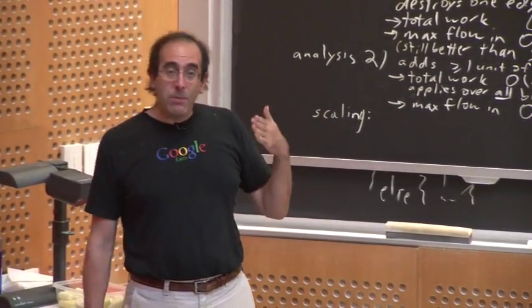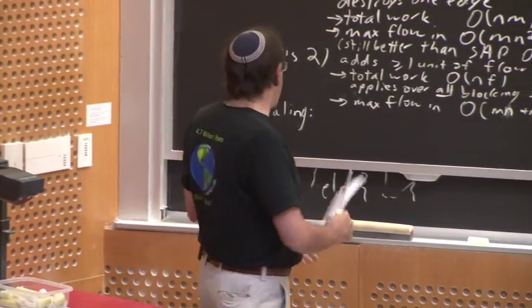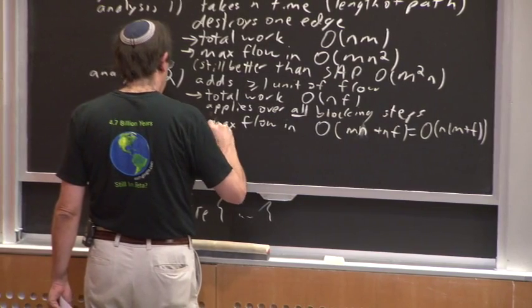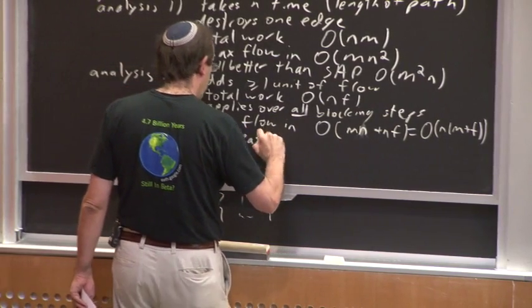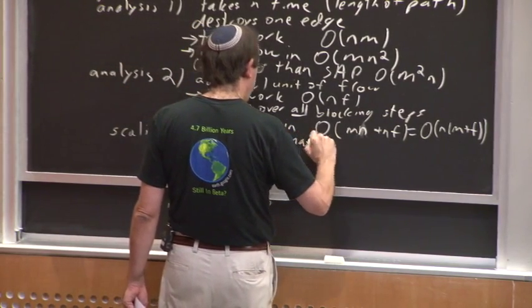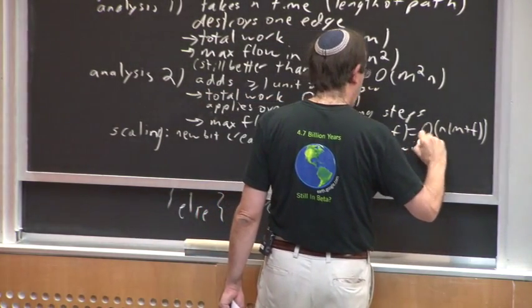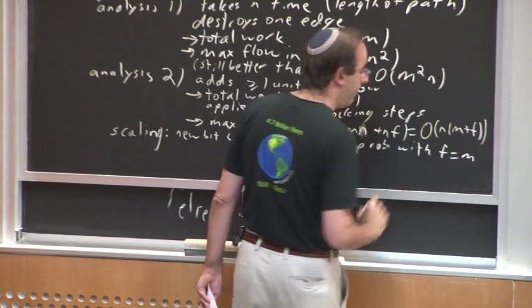And the key observation that we made when we scale is that the new bit creates a max flow problem with f equal to m.